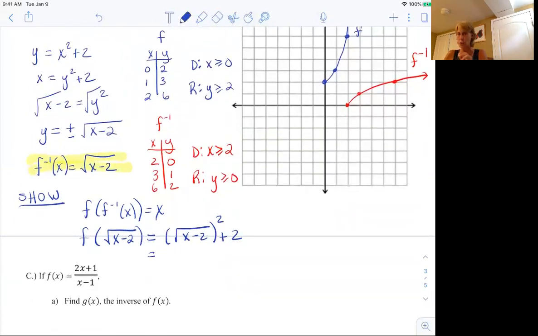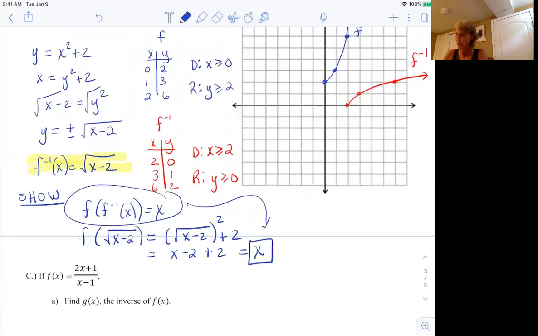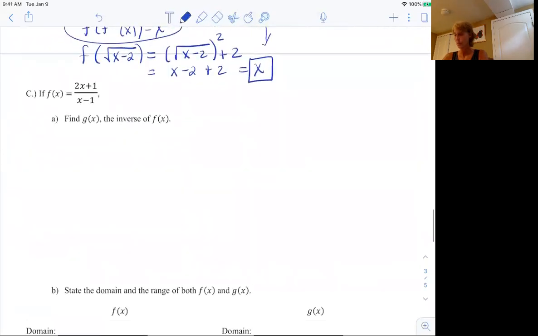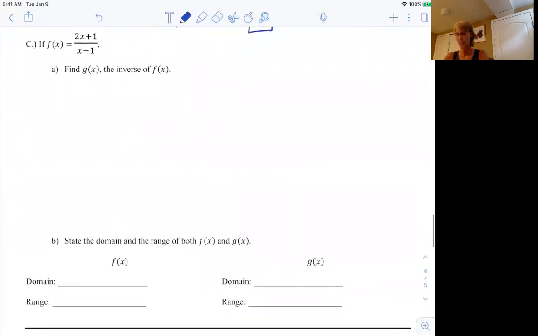Square root of x minus 2, if I square that, I'm just going to get x minus 2 plus 2 equals x. So that shows that. You could do it in the opposite order. Again, the next problem involves just doing that, so I don't want to waste time on that right now.